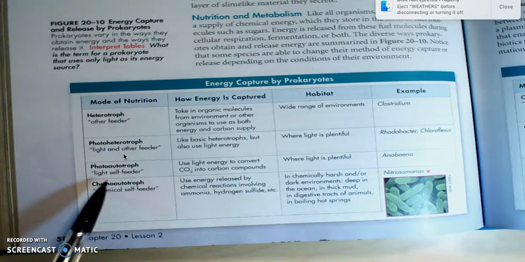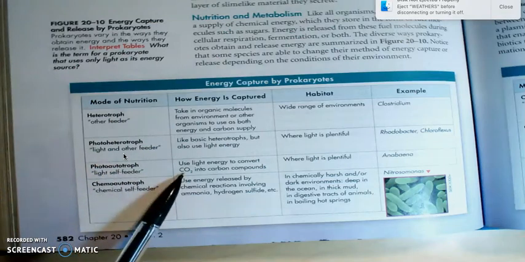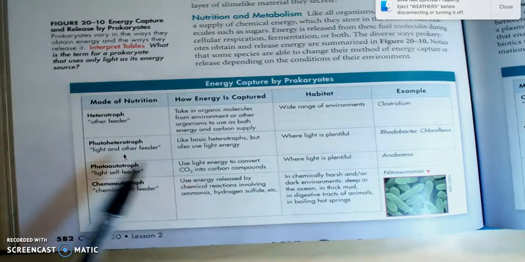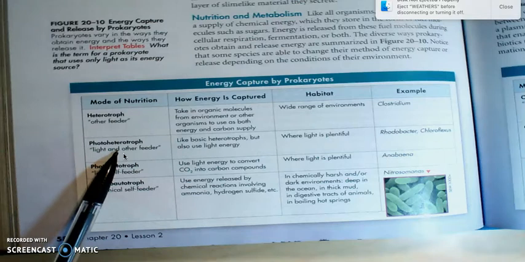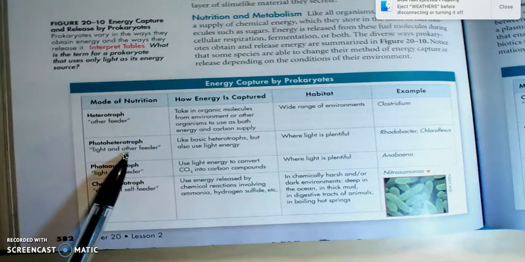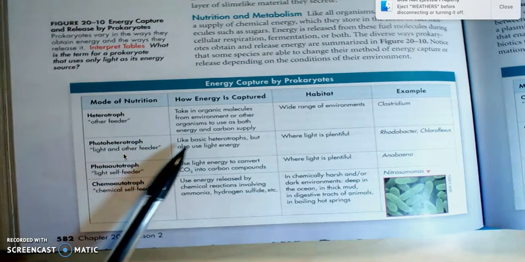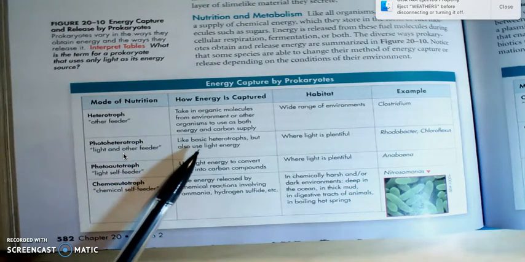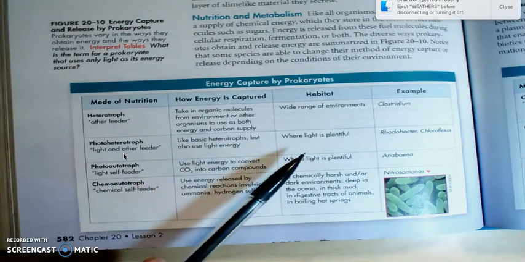Photoautotrophs can make their own food using light to convert carbon dioxide into their carbon compound. So photoheterotroph, and there are not too many of these bacteria, they can use light to make ATP, but they still have to eat other organisms or other matter to get their carbon supply. And they live where light is plentiful.